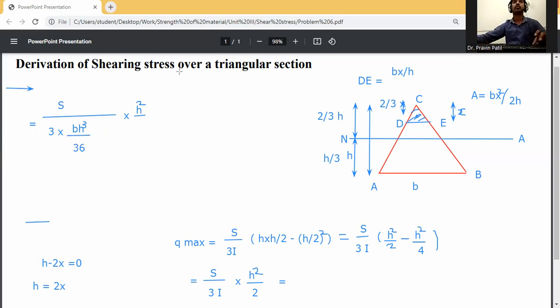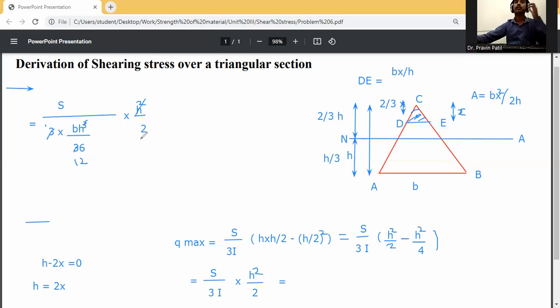So this H square and this H cube will get cancelled. 3 1 the 3, 3 3 the 12.